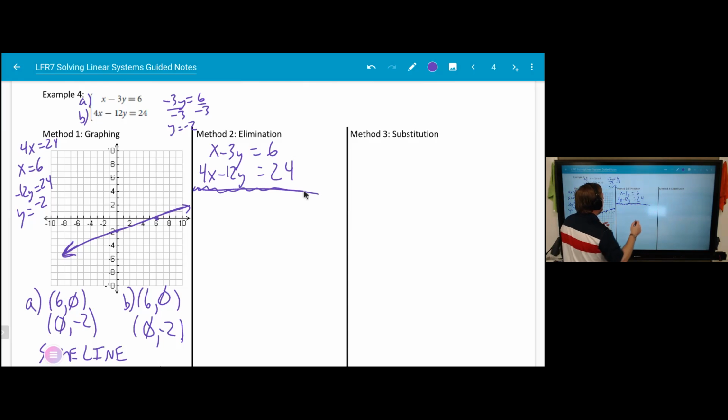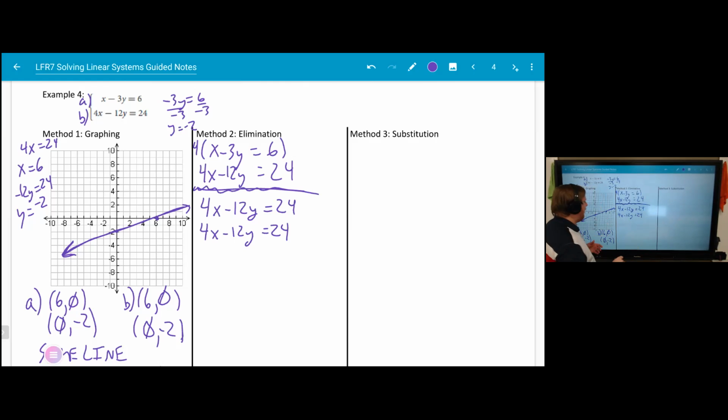What if I took this entire first equation and multiplied it by 4? If I did that, this would be 4x minus 12y equals 24. And the second would be 4x minus 12y equals 24.